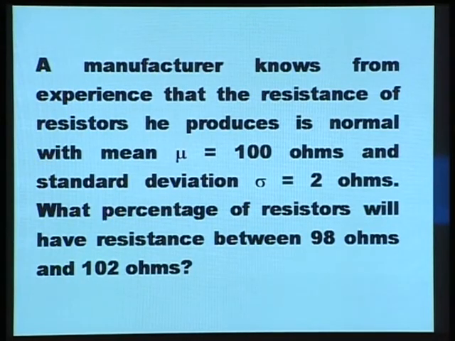What percentage of resistors will have resistance between 98 ohms and 102 ohms? So the first thing that we must note is which is the variable which follows a normal distribution. It is the resistance of the resistors which follows a normal distribution. The mean value has been given 100 ohms and the standard deviation 2 ohms.